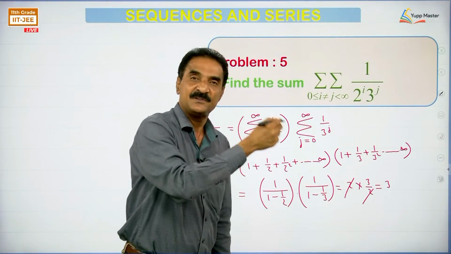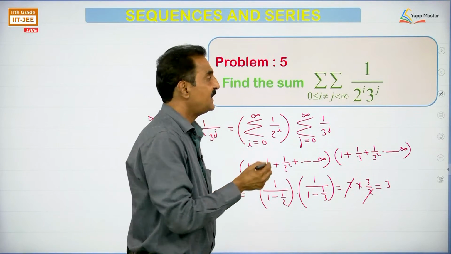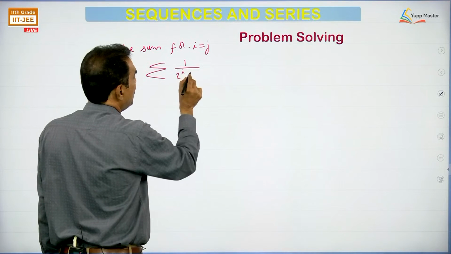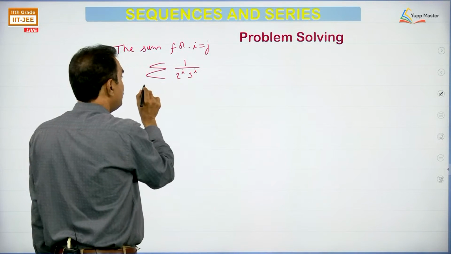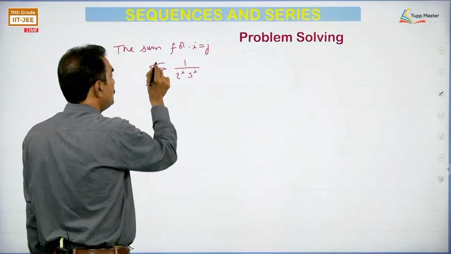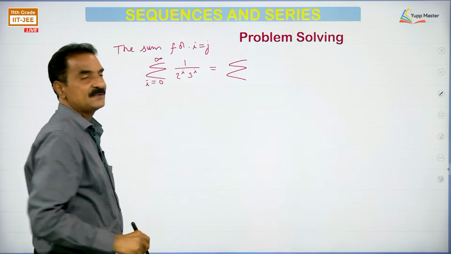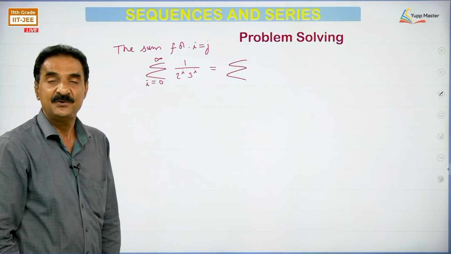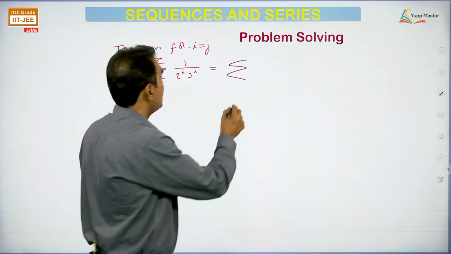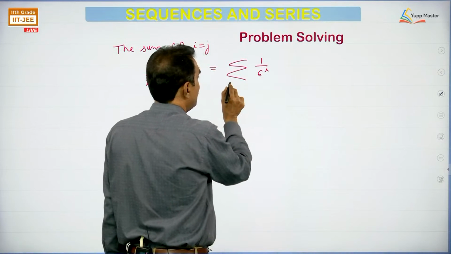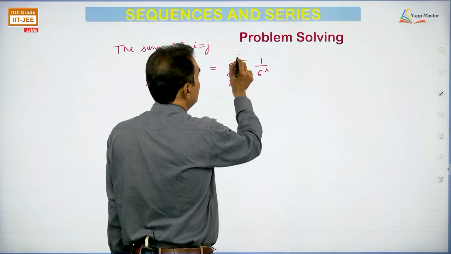I will put j is equal to i. Then you will get 1 by 2 power i into 3 power i, where i varies from 0 to infinity. Now, what is this? 1 by 2 power i into 3 power i can be written as 1 by 6 power i, i varies from 0 to infinity.